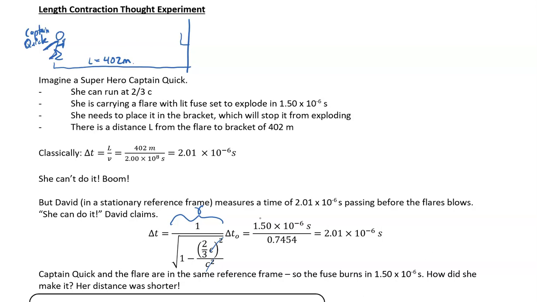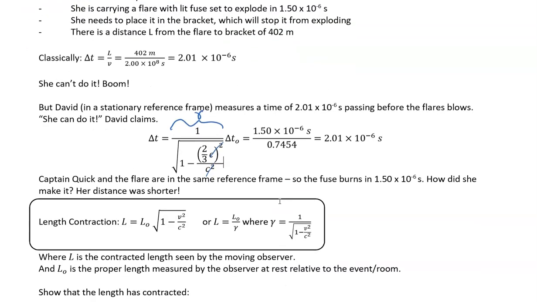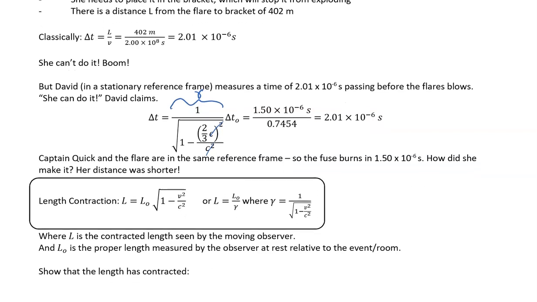Take that time that Captain Quick measured and divide by that number, and you get 2.01 times 10 to the negative 6 seconds. Just in the nick of time. She can do it. David's excited. David's hopeful. This is where the tension begins.